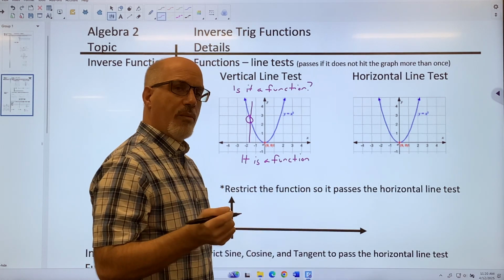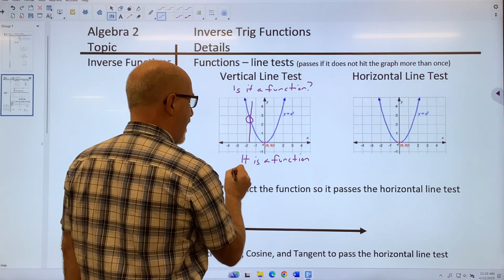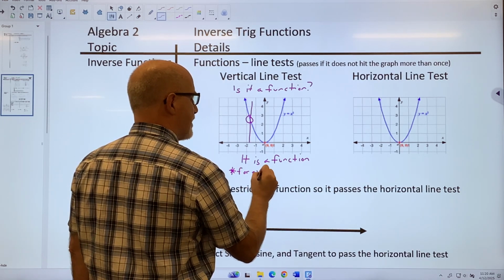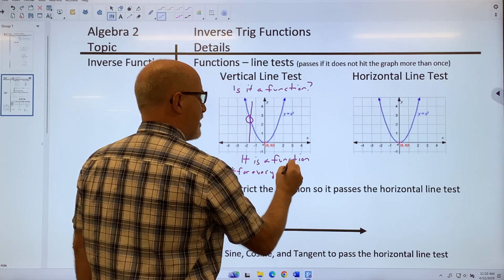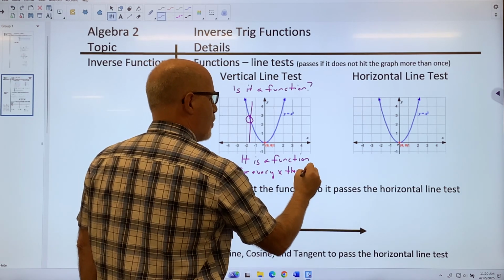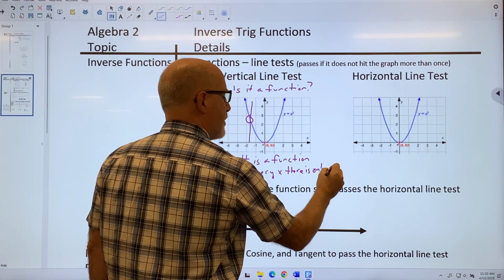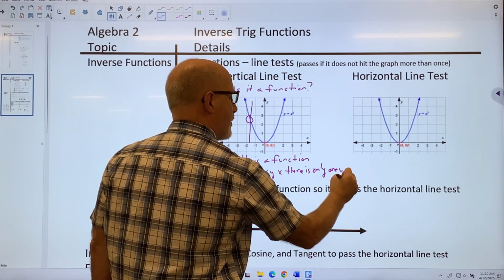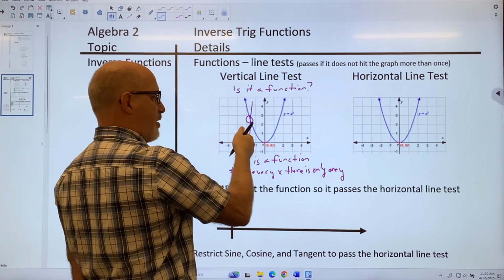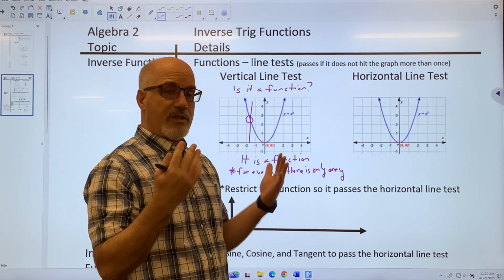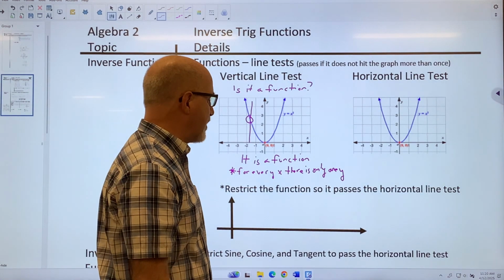And what we define for a function is, for every x, there is one y, only one y. So that x value right there, that's the only y that goes with it. If it hit it more than once, there'd be two y's, so it would not be a function.